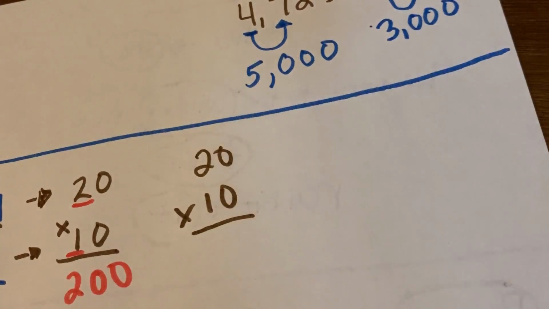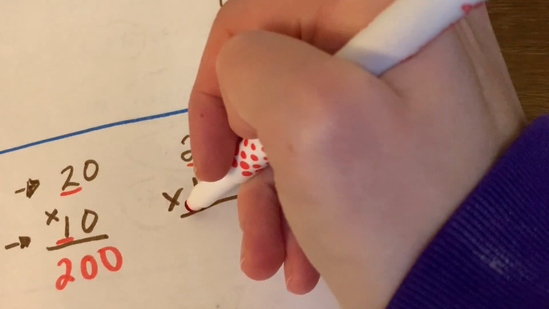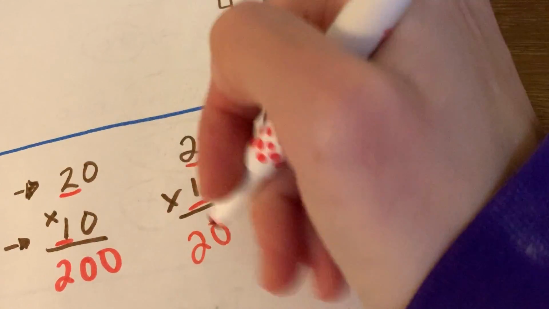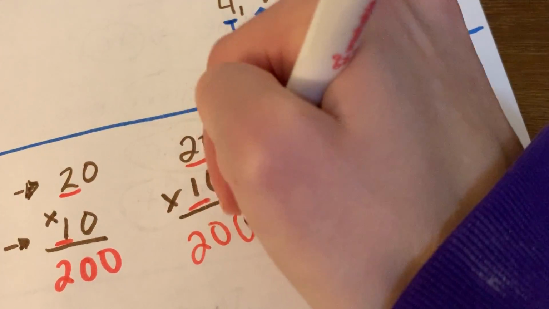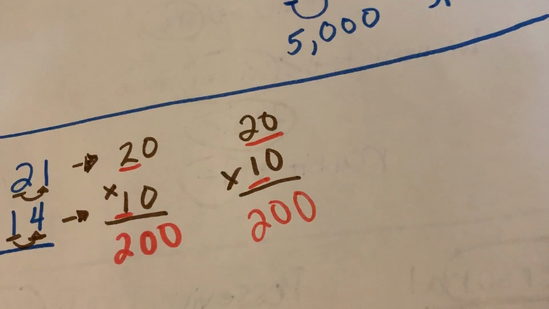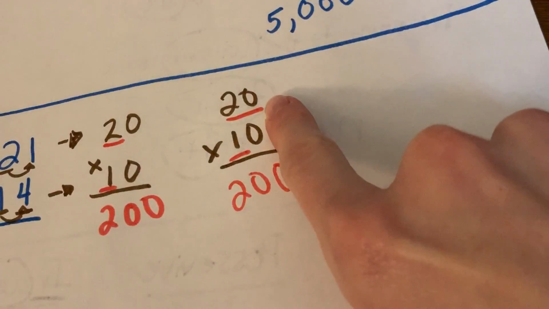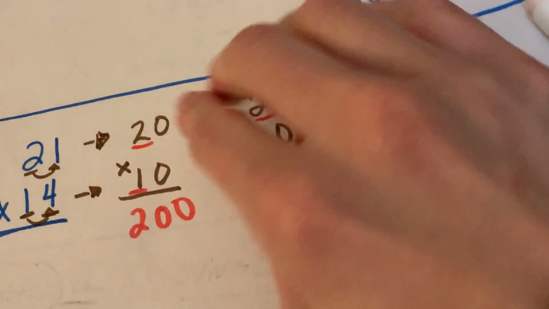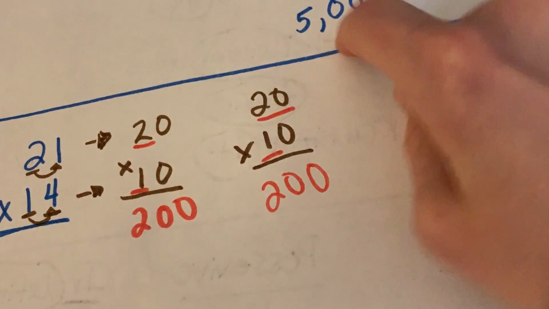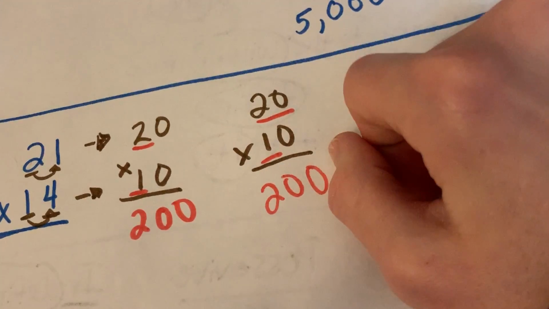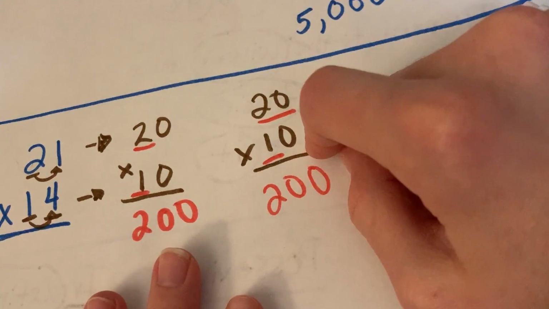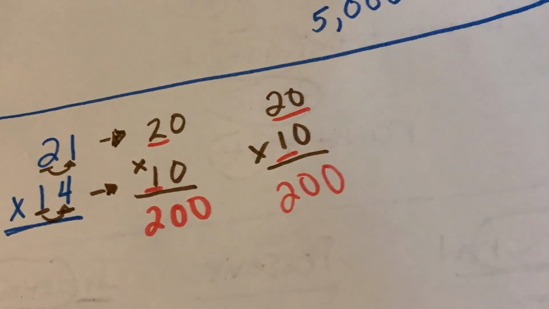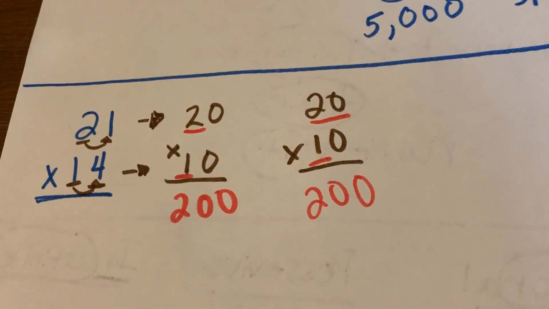That strategy is to look for your 2 by 1, so 20 times 1, and then tack on a 0. You still get the same answer. So whichever you prefer, you can either look for a basic fact because everything else is zeros, or you can look for a 2 by 1 and tack on just the 1 zero. It's your choice, whichever you are more comfortable with. Okay, so then I multiplied and I got 200.